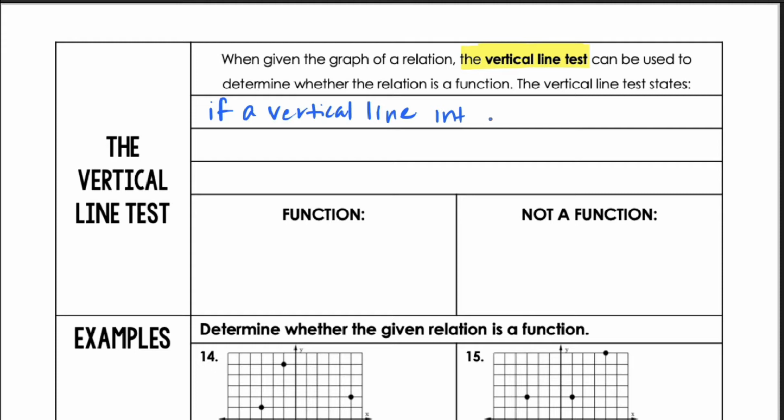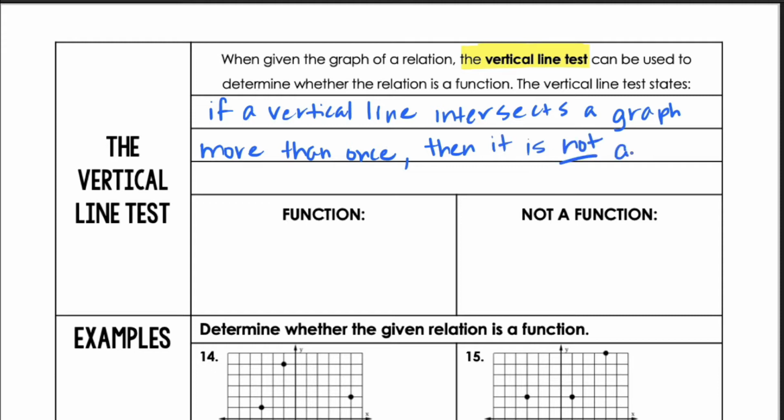If a vertical line intersects a graph more than once, then it is not a function. Okay.